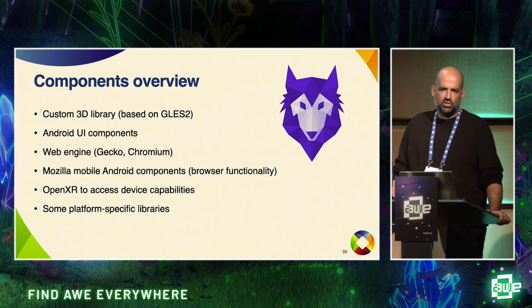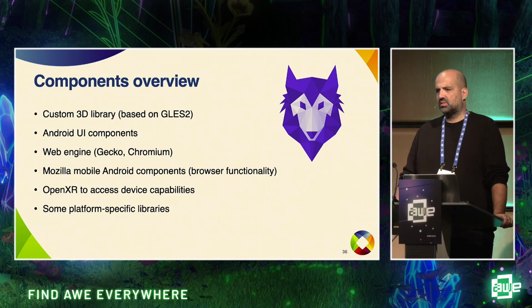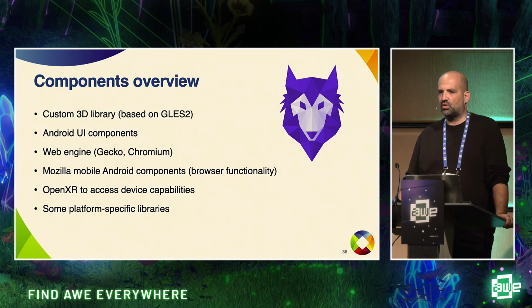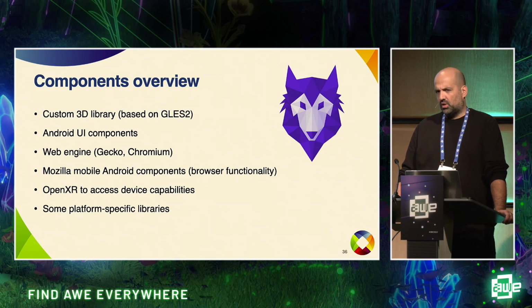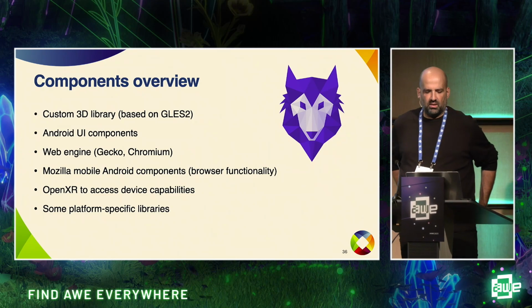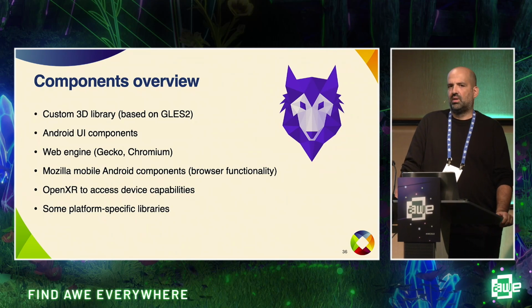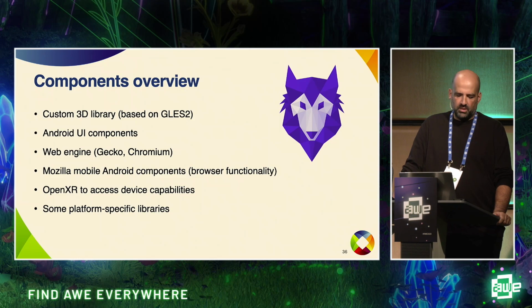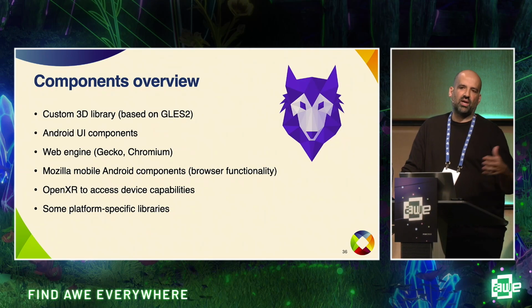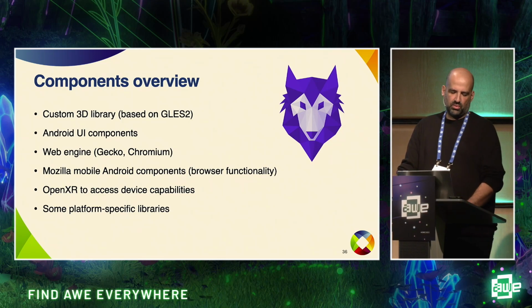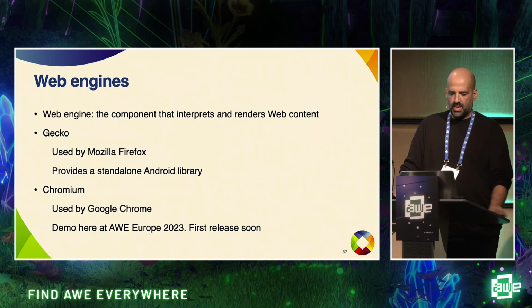Originally, the project was also using some native drivers, but nowadays, the majority of the devices support OpenXR. And then we also use some platform-specific libraries for things like analytics or specific services that the hardware vendors provide that we try to also offer to the Wolvic users. So all that together is what we call the Wolvic project.